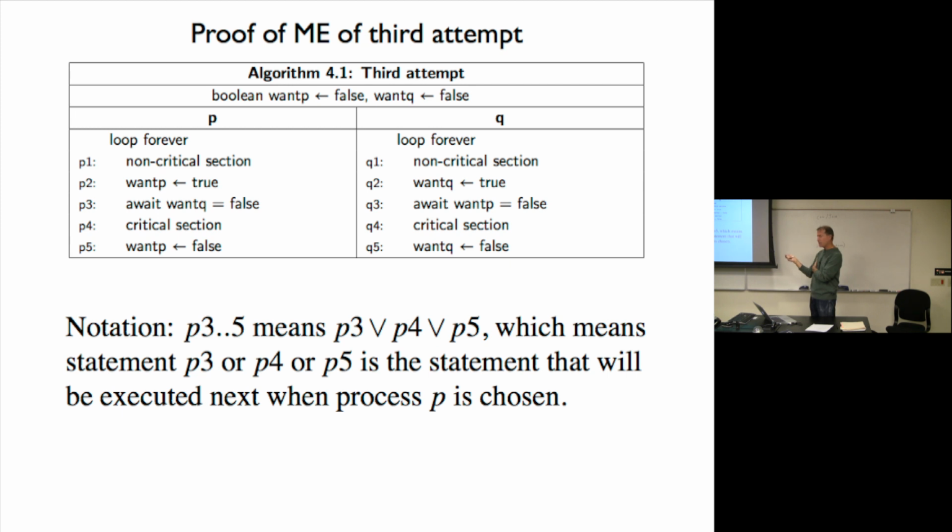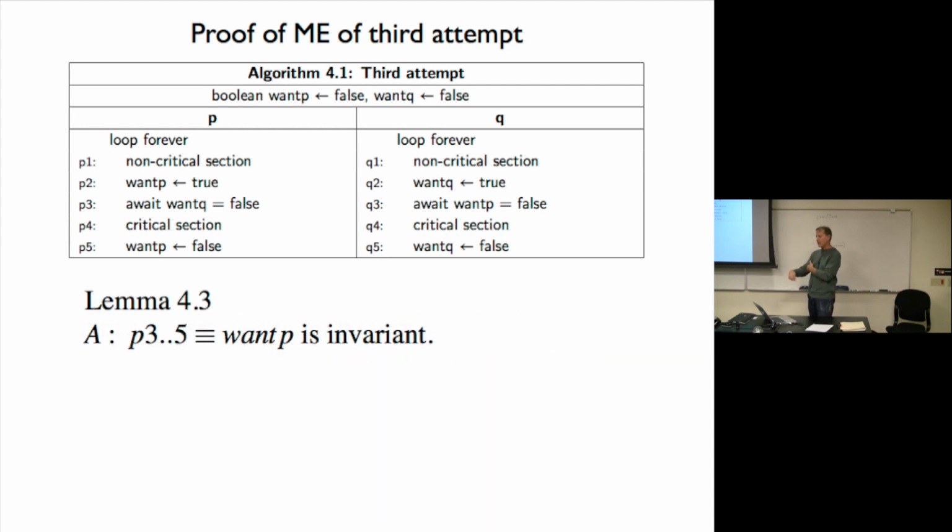As a Boolean expression, it means that either statement P3, P4, or P5 is the statement that will be executed next when process P is chosen. So does everybody see what that means? It's a disjunction. Pretty simple notation. We don't want to have to write P3 or P4 or P5, we just write P3.5. Okay. Now, the first thing that we're going to prove is this lemma 4.3.